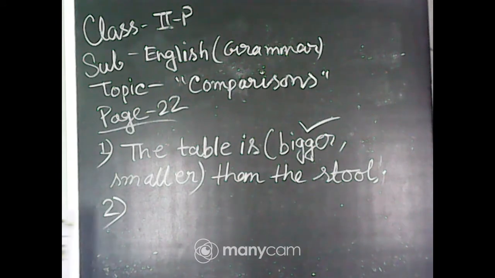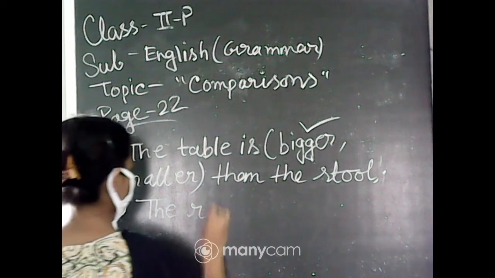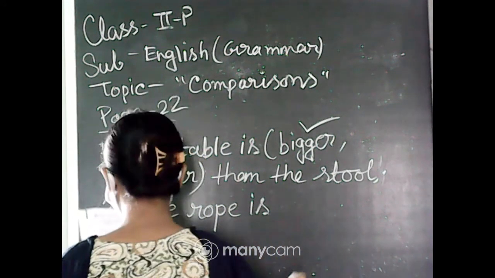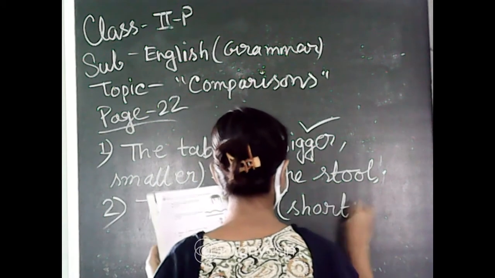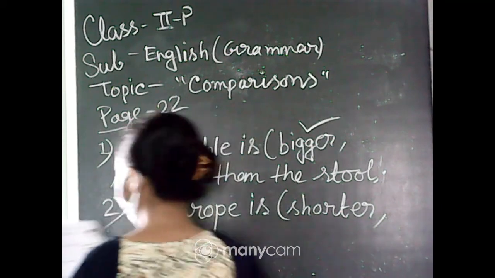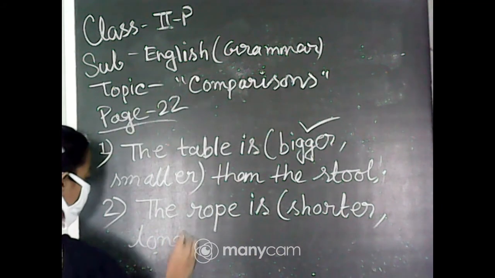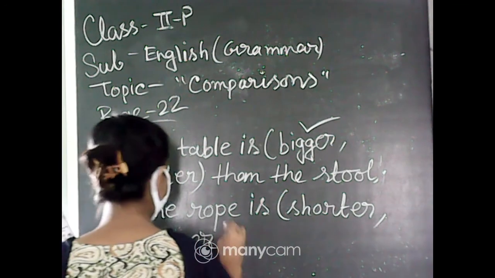Number 2, the rope is shorter or longer than the belt.